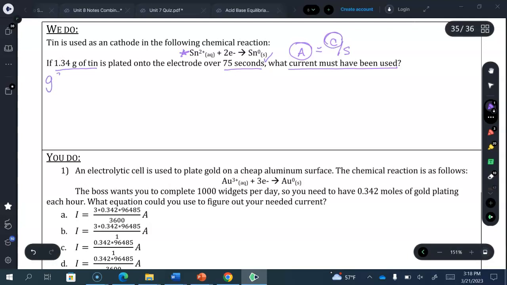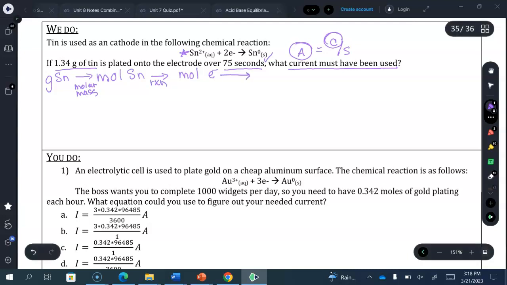We're first going to take grams of tin, which is Sn, and change that to moles of Sn. Since we are talking about current, the most logical choice to go to next is moles of electrons. So this is our molar mass conversion. Moles of tin to moles of electrons is from our balanced equation.